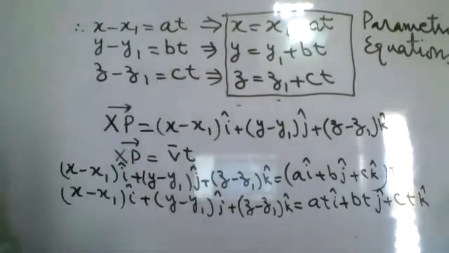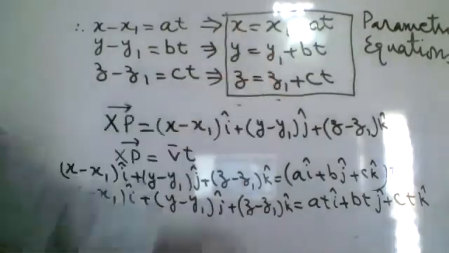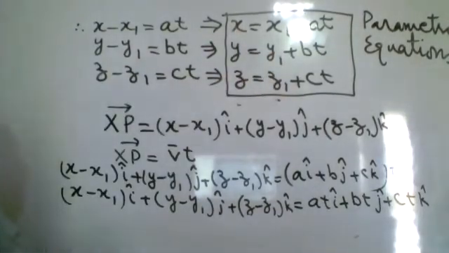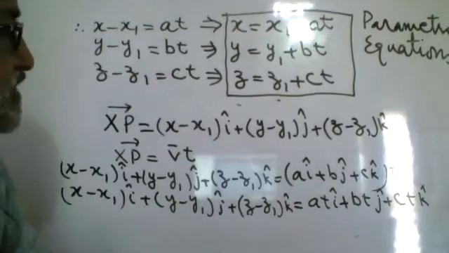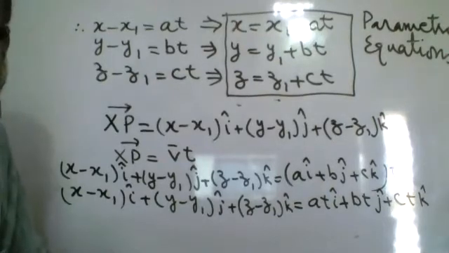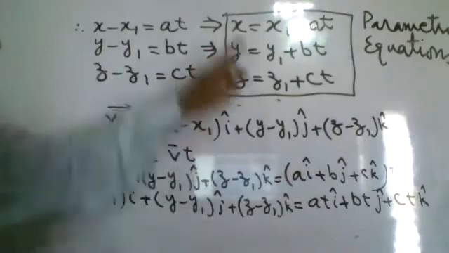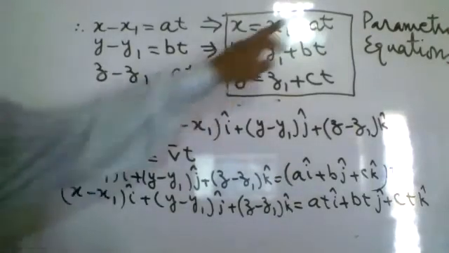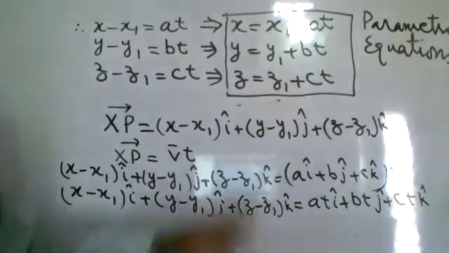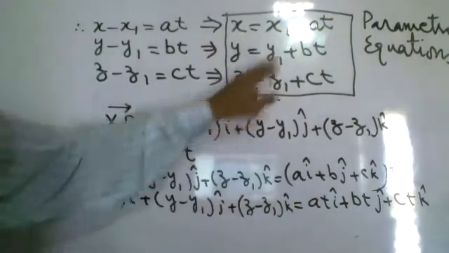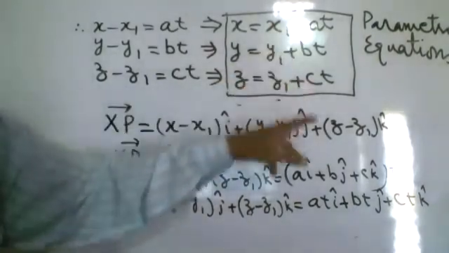So this is called the parametric equation. x is equal to x1 plus at, y is equal to y1 plus bt, z is equal to z1 plus ct. t is a constant, you will multiply by t. x, y, z will remain as they are. t will remain as it is. But x1, y1, z1 and a, b, c will be different.